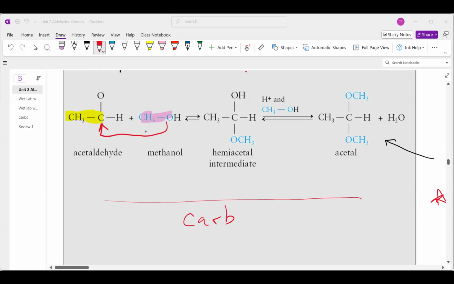So OCO, so we know it's something. Is OH present? Yes. Is H present? Yes. So it's hemiacetal.